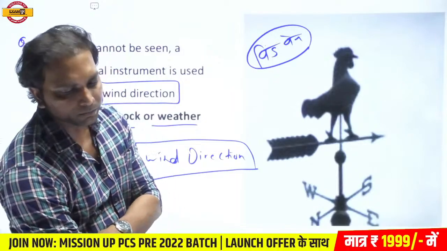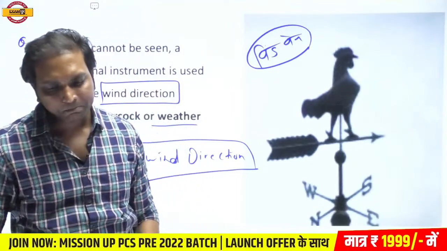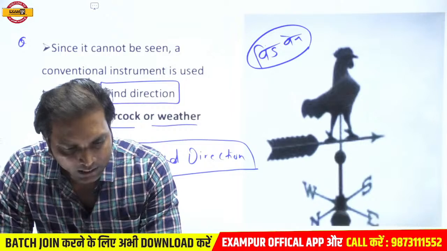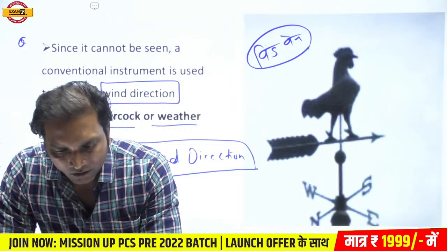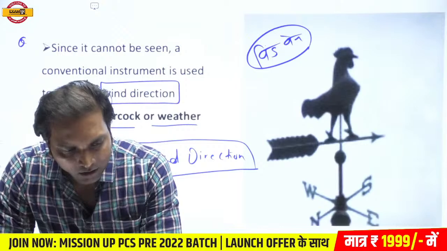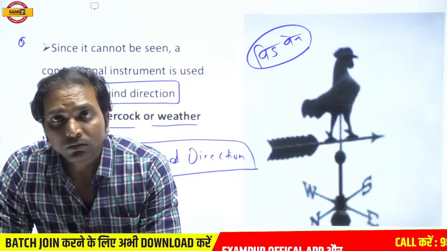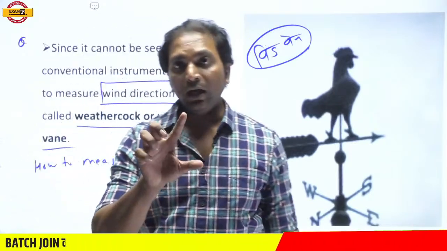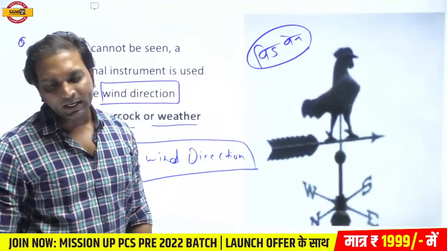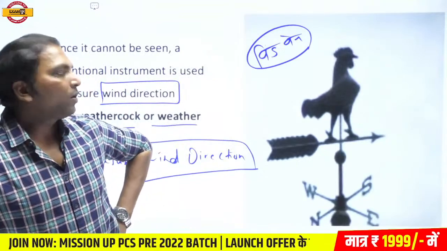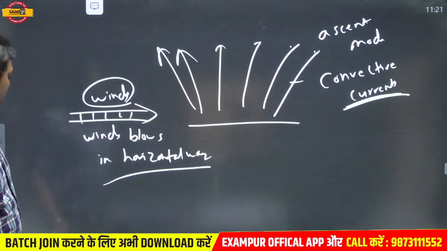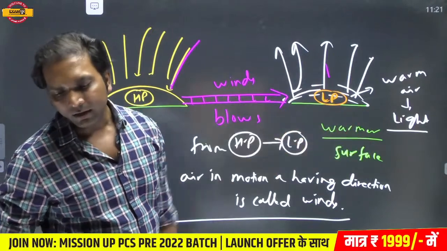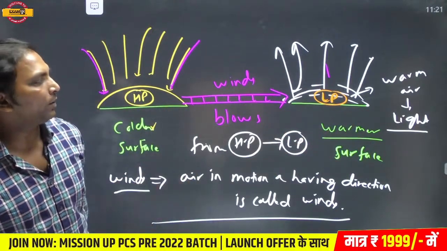Here one more thing we have to mention. Write one or two sentences. The horizontal movement of air is described as the wind, caused by the heating of the sun and the rotational movement of the earth.